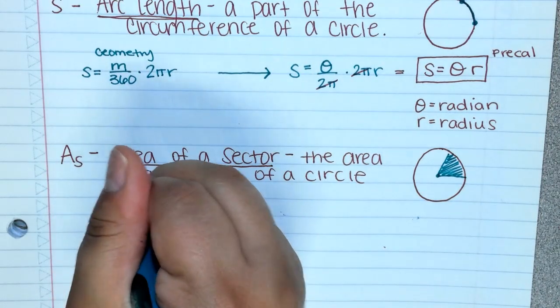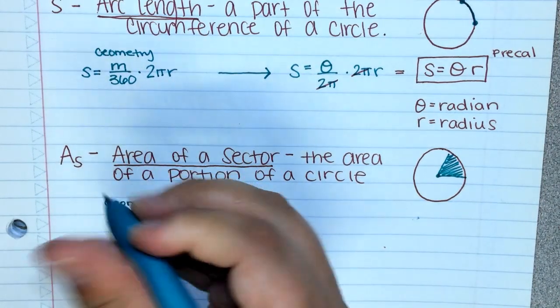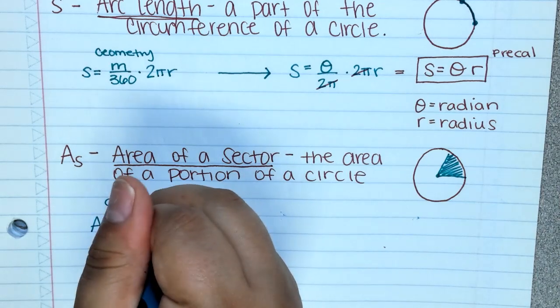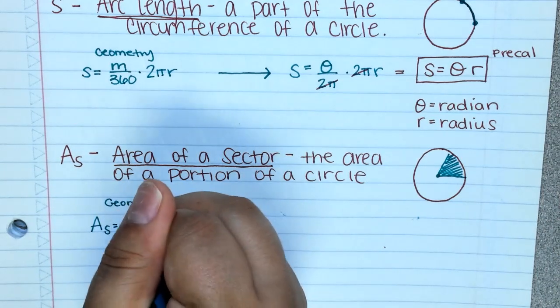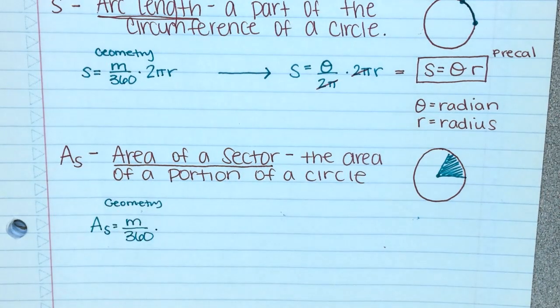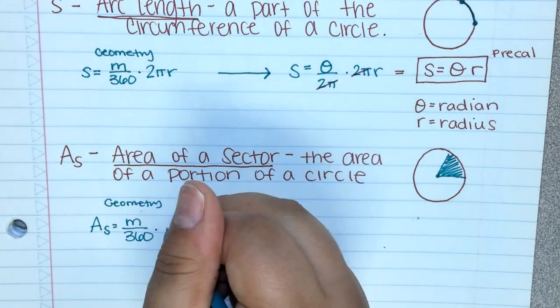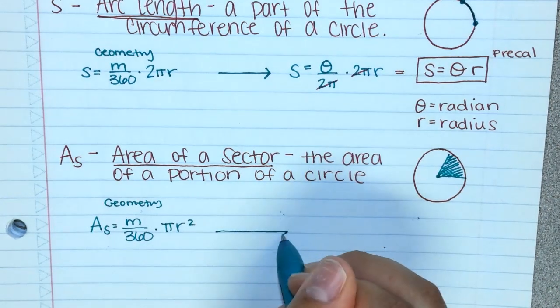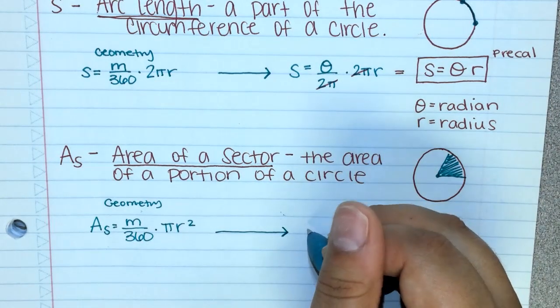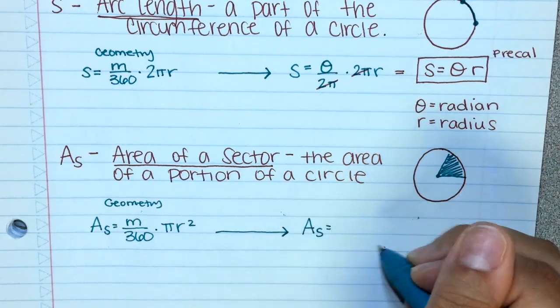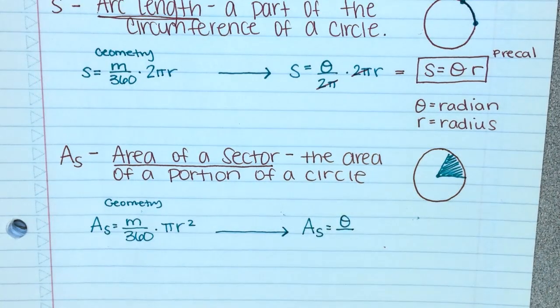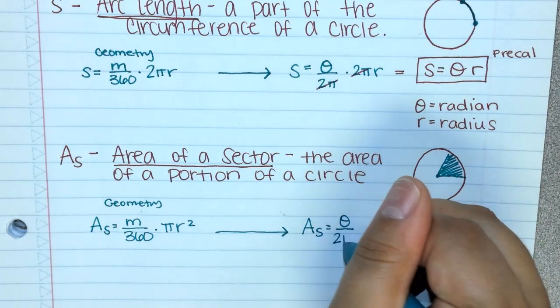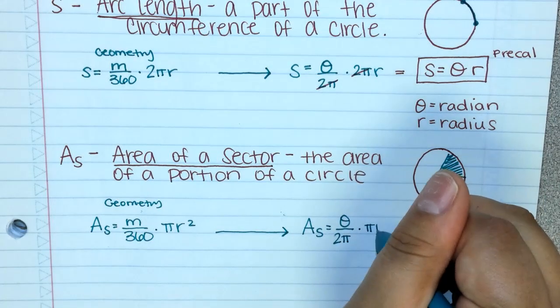Again, in geometry, you did m over 360 times the formula for area of a circle, pi r squared. In pre-cal, we're going to use radians, so we're going to do theta over 2 pi times pi r squared.